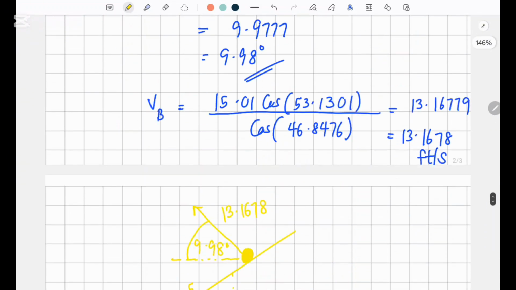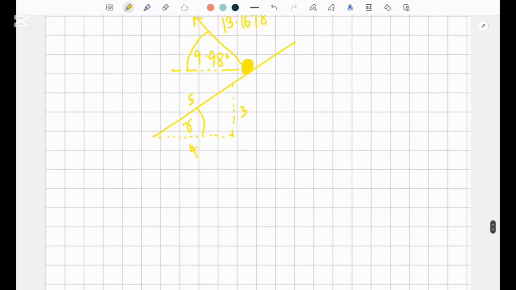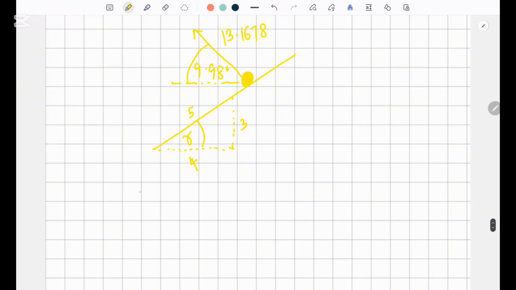So I can write down horizontal distance in terms of D. I think this color is hard for you guys to see, right?